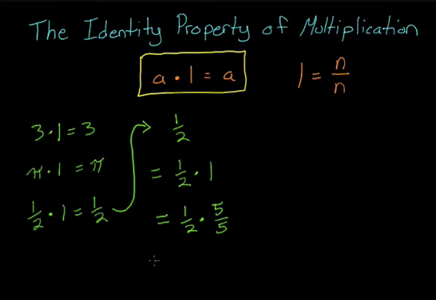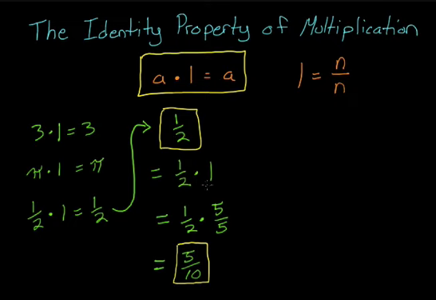However, when we use the multiplication property of fractions, what we get is 5/10. And so the result is an equivalent fraction. 5/10 is equal to 1/2. And we know this because all we've done to 1/2 is we've multiplied it by 1. In this case, we represented 1 as 5/5.